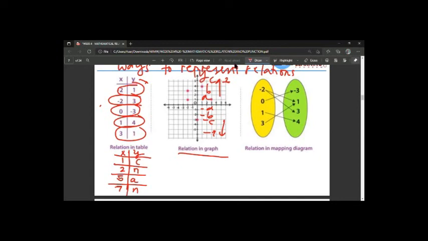Kasi ito nga yung Y values, right? So, dapat, yung Y values dito should be in letters kasi letters ang gamit mo. So, you can plot it here. Intindihan? So, any relation, as long as you declare yung X and Y niya, you can plot it anywhere. So, relation in a table or in a graph.